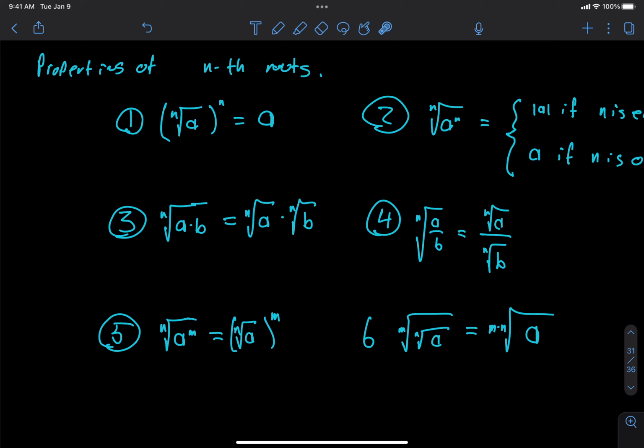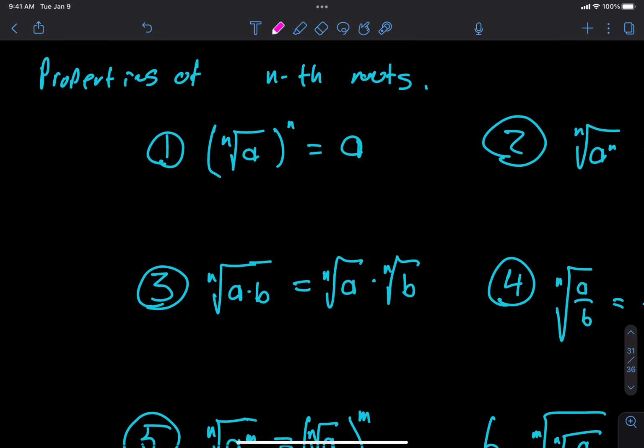Okay, so we take the nth root of a number. What we should stipulate is that this root should be able to be taken, i.e. if n is an even number, then a should be positive. As long as we can actually do this nth root, then if we do the nth root and then we take the nth power, we recover back a.